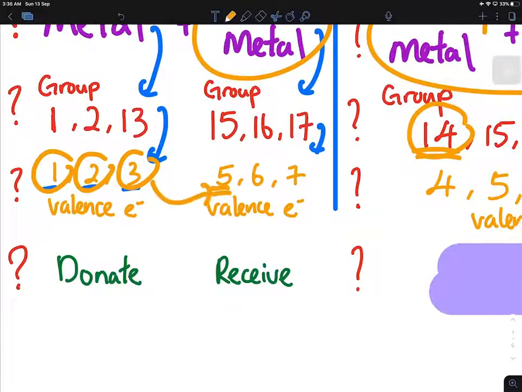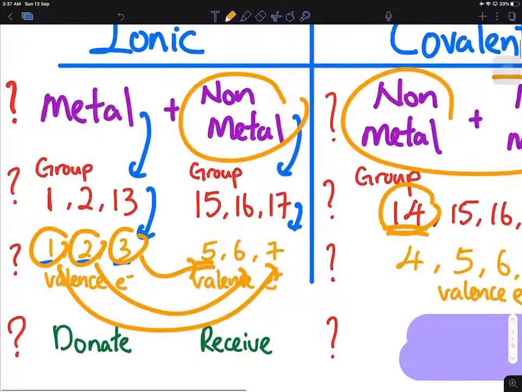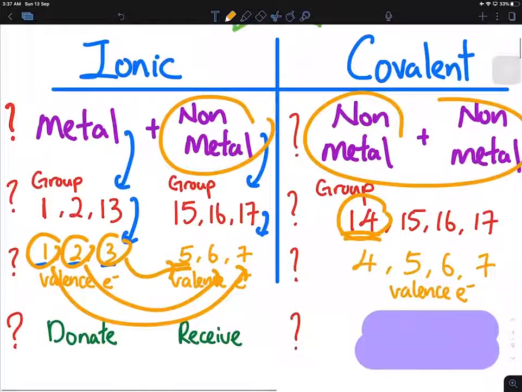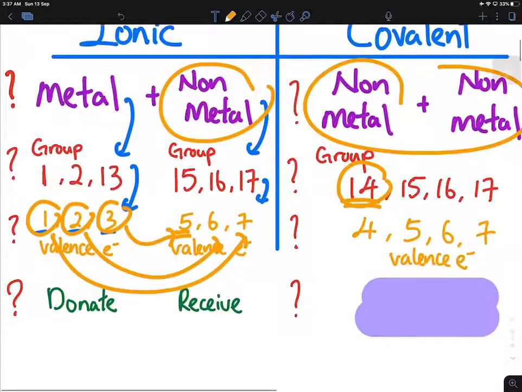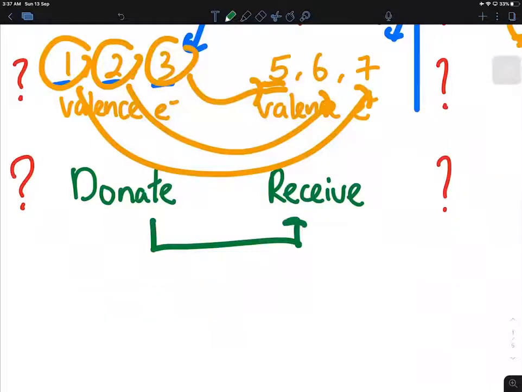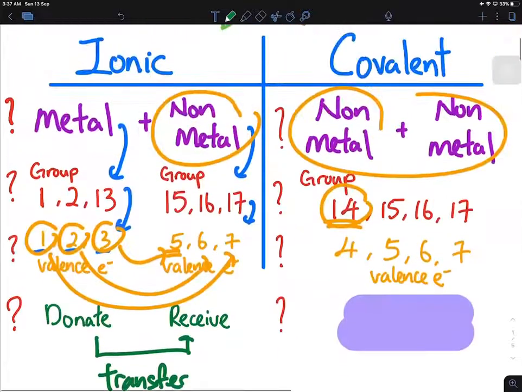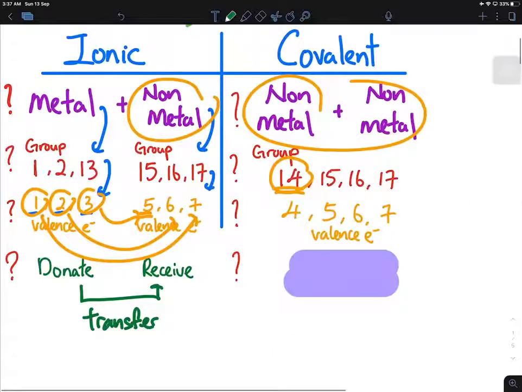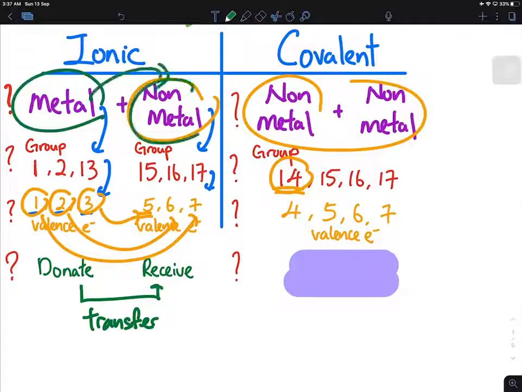So the 3 extra valence electrons can be donated to 5, 2 to 6, and then 1 to 7. So donate and receive, this is how ionic bond is formed. Donate and receive can be called transfer of electron. So ionic bond is formed by transferring electrons from a metal to non-metal.